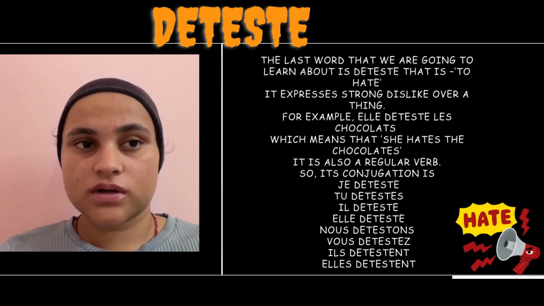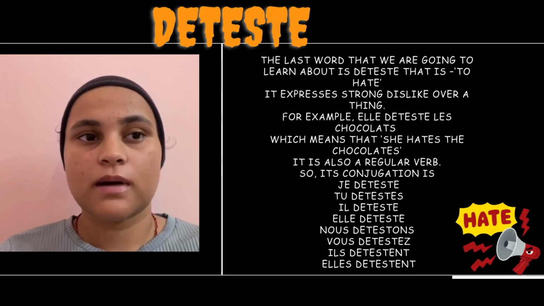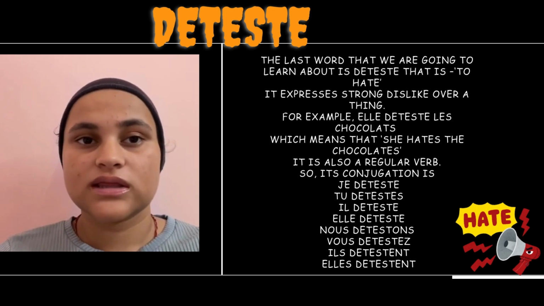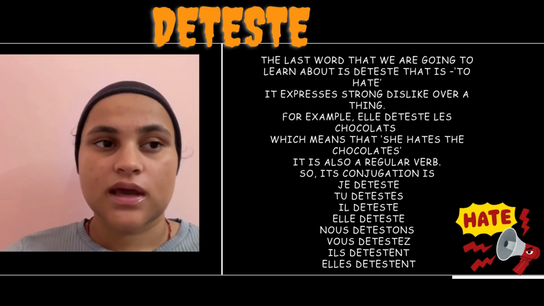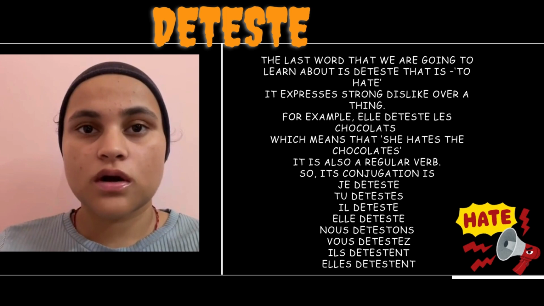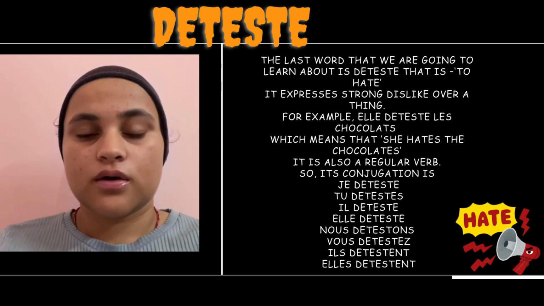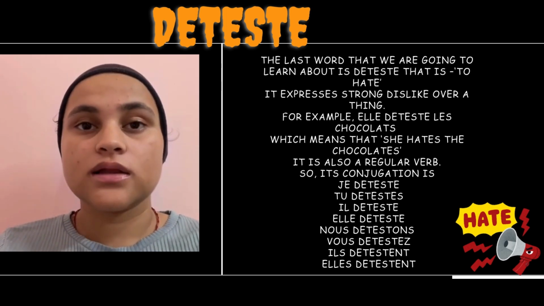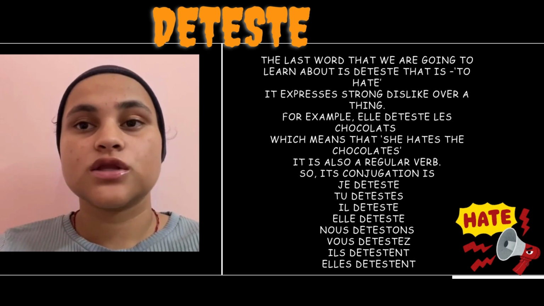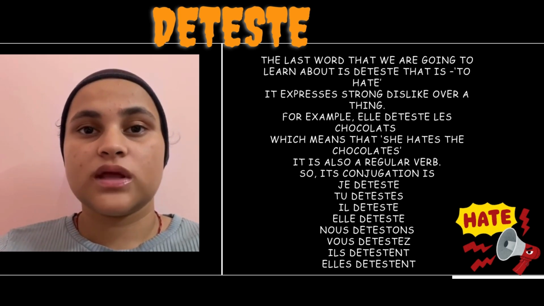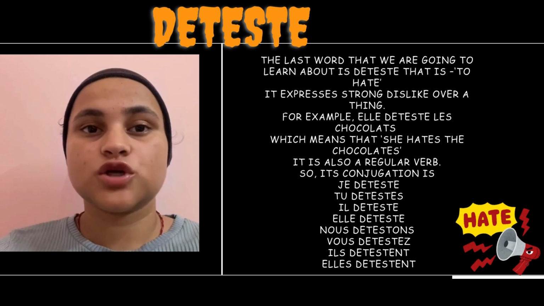The last word that we are going to learn about is détester, that is to hate. It expresses strong dislike over a thing. For example, elle déteste le chocolat, which means that she hates the chocolate.